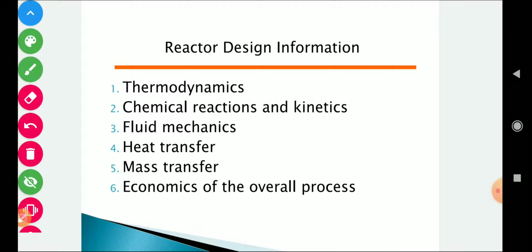In addition, you should have knowledge of heat and mass transfer, especially in multi-phase reactions where more than two phases are present. The heat and mass transfer between these phases is a deciding factor for the overall performance of the reactor. And after all, the major thing is the economy of the overall process, because the cost of the overall process should be minimum. So these are the basic prerequisites for this course.